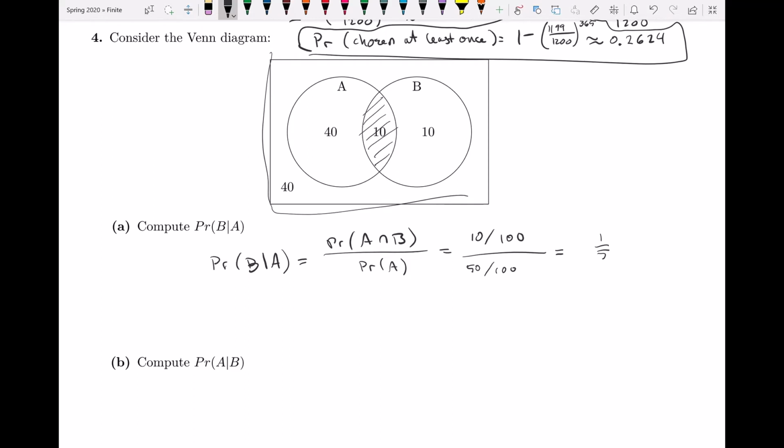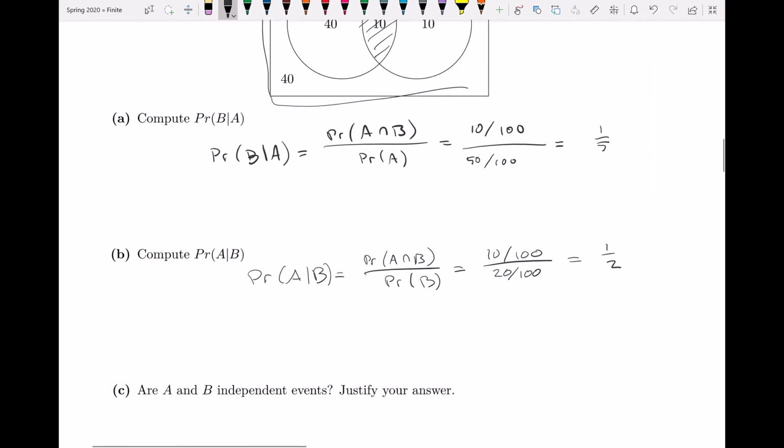Alright, to compute the probability of A given B, it's just the same thing again. Probability of A given B equals probability of A and B, so the numerator is the same, but now we divide by the probability of B. So this is 10 over 100 divided by the probability of B, which is 20 over 100, and this equals 1/2.